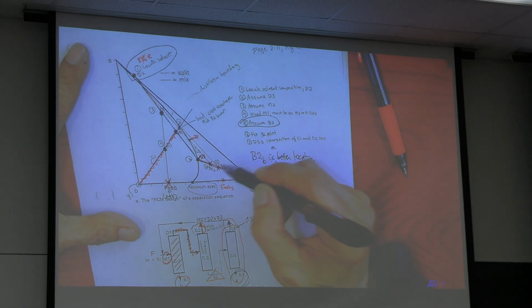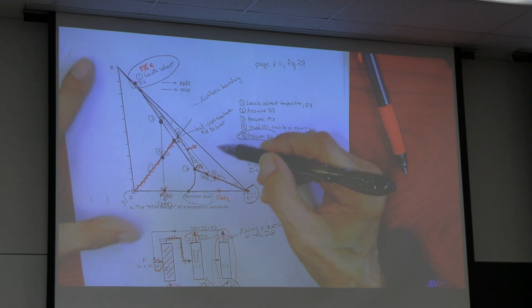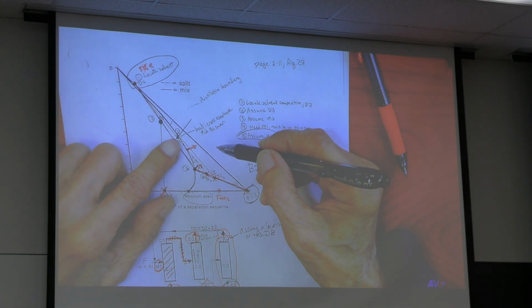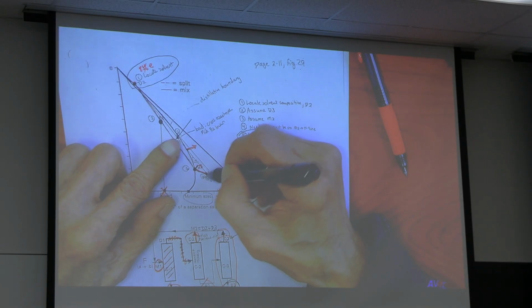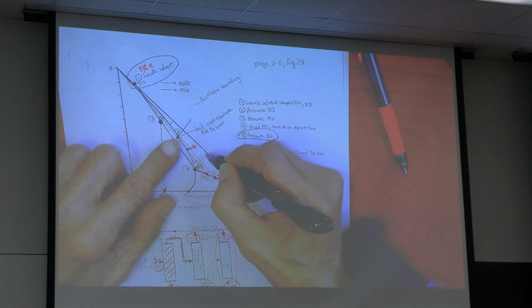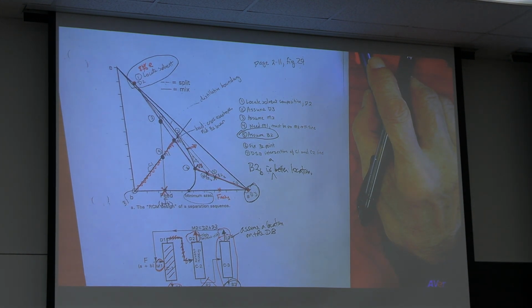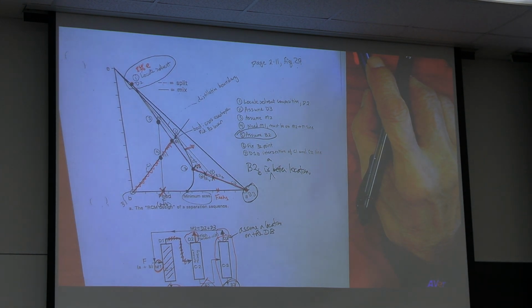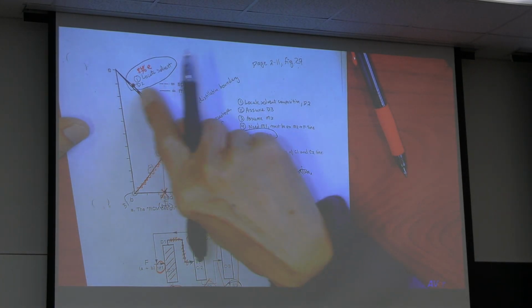Okay? B2A is not good. B2B, D1 feed on this boundary, but 2 products are all on this side of the distillation boundary. This is a little tricky. If I have a color plot, I can show better. I don't have one.